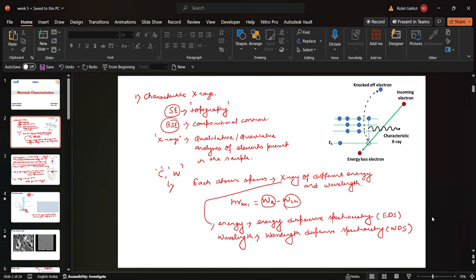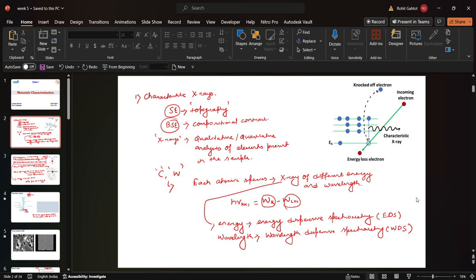So I was talking about what we discussed in the last session and this week also: the different signals like SE signal, BSC signals, and the characteristic X-ray signal, and their different applications.